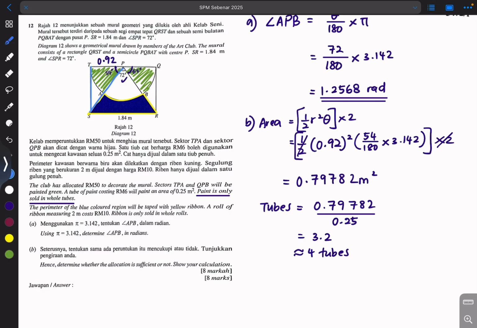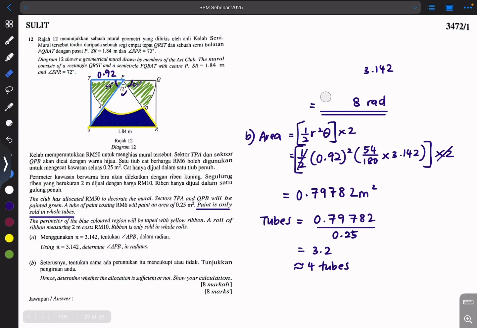So this is a right angle triangle. This is our angle, this is adjacent. We need to find the hypotenuse. So adjacent and hypotenuse, we use the cos formula.